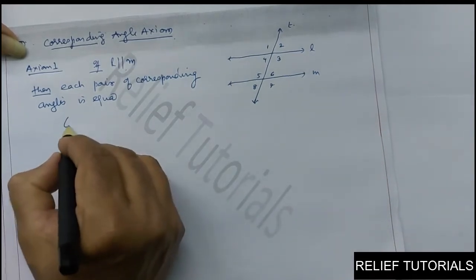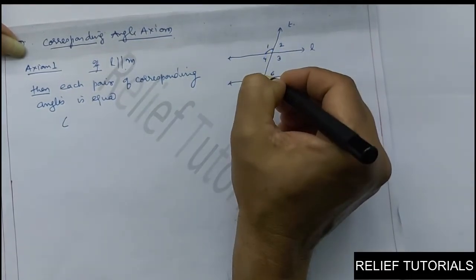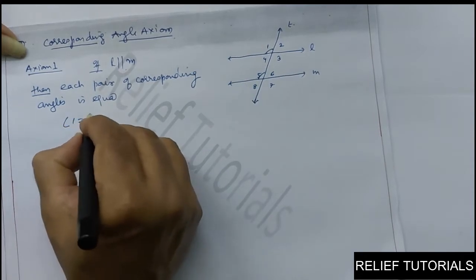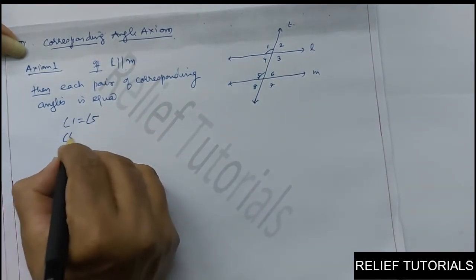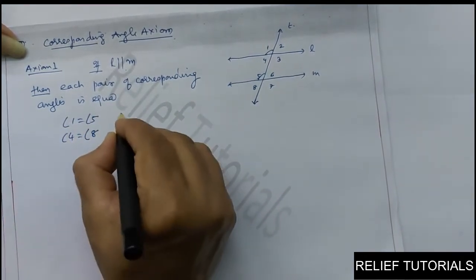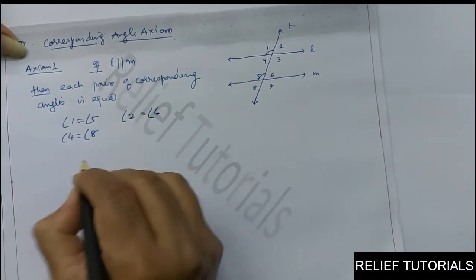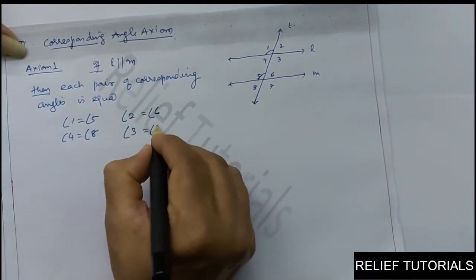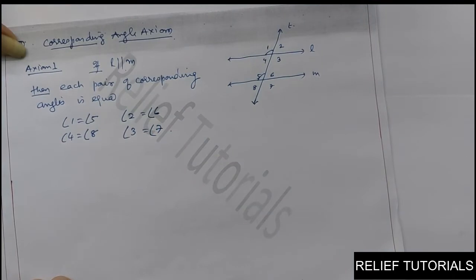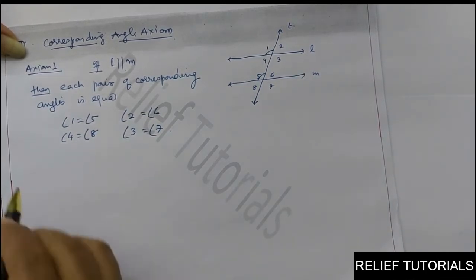So we can say angle 1 and angle 5 are corresponding angles. Angle 1 is equal to angle 5. Similarly, angle 4 is equal to angle 8. Angle 2 is equal to angle 6 and angle 3 is equal to angle 7. So this is called the corresponding angle axiom. Once again, I am repeating, if lines are parallel, then only corresponding angles are equal.